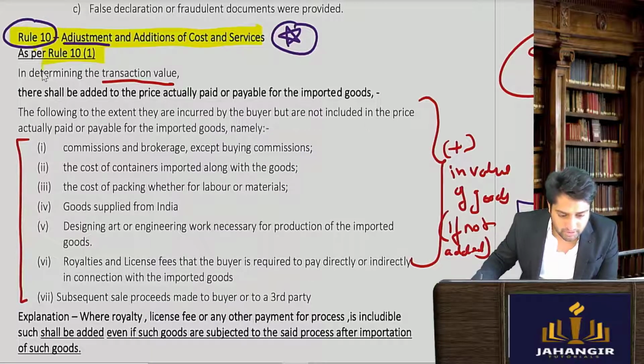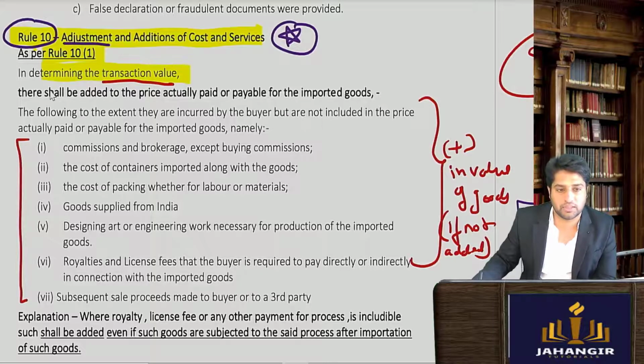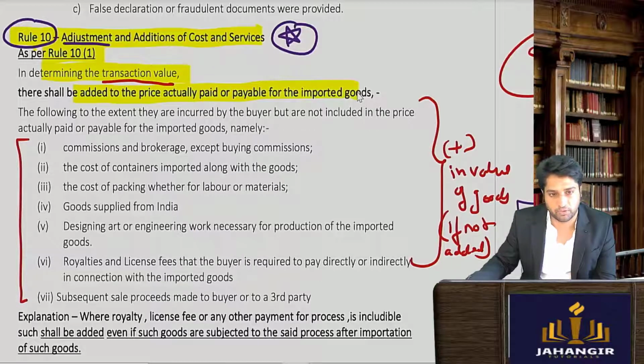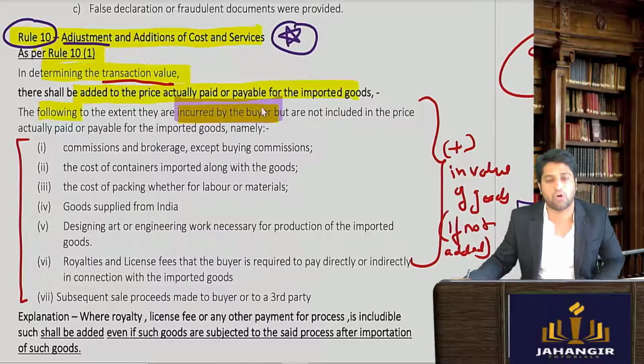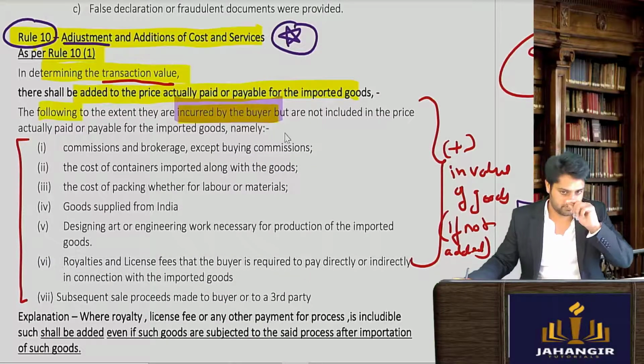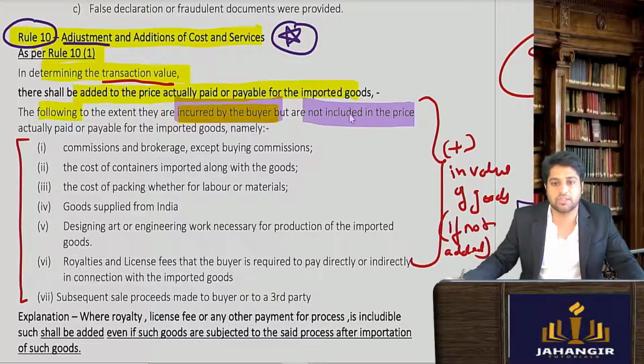In determination of the transaction value, there shall be added to the price actually paid or payable for the imported goods the following to the extent they are incurred by the buyer. So they should have been incurred or paid by the buyer and are not included in the price.